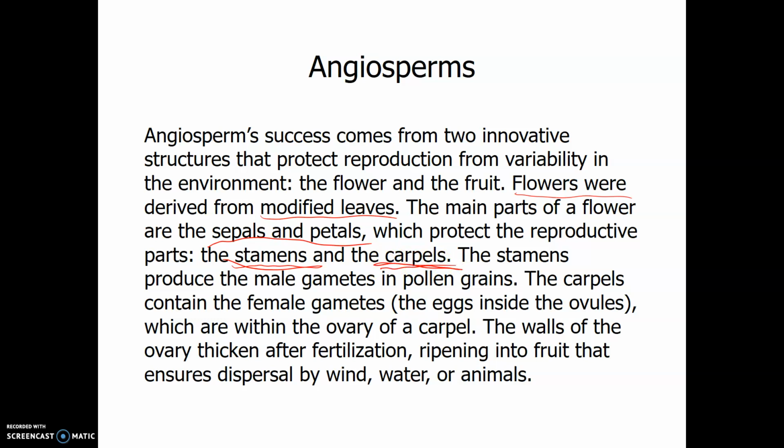The male gametes, or sperm, are found in the pollen grains. The pollen grain is the actual male gametophyte, and the female gametes are eggs, which are found within the ovary of a carpel, and ripened ovaries are what we call fruit.